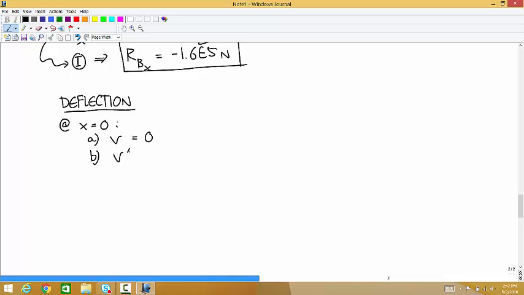Second, because of the fixed joint, the angle can't change. So V prime has to be equal to 0. Those are always both true at any fixed joint. And so the same two have to hold at x equals 4. So first of all, the deflection has to be equal to 0, and second, V prime has to be equal to 0.